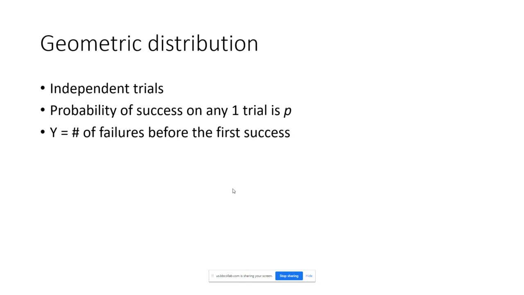The thing that's different about the geometric distribution is what our random variable Y represents. In a geometric distribution, Y represents the number of quote-unquote failures, or no results, before the first yes, or the first success.